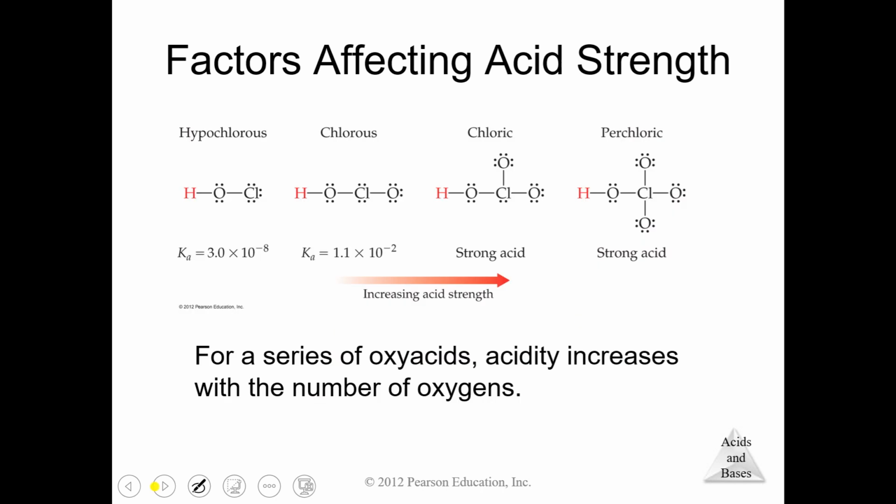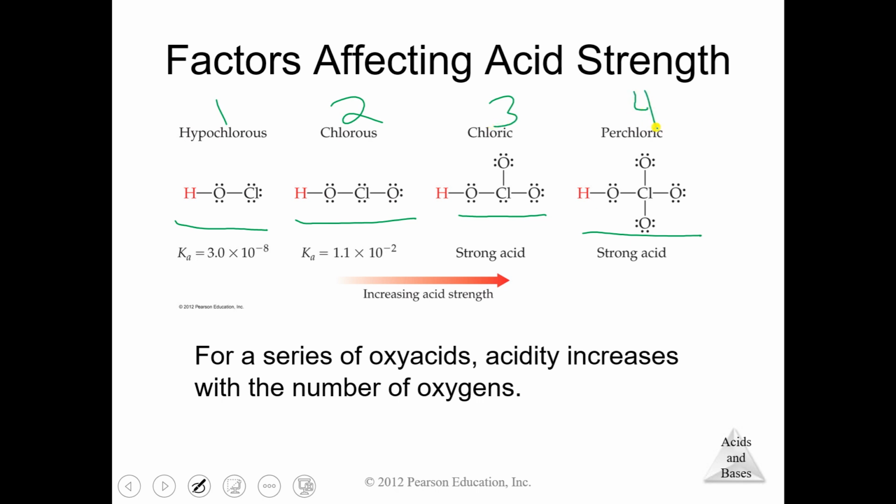So if we were to just look at this and say, okay, I have hypochlorous acid and chlorous acid, and I have chloric and perchloric, you'll notice the differences here have to do with the number of oxygens surrounding the chloride ion. Okay, we go from 1 to 2 to 3 to 4.